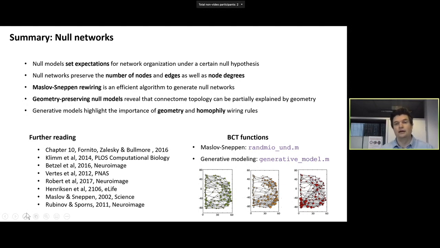This is often contextualized in terms of fiber length, connection length, in other words. And I've also covered the related concept of generative models and shown that both geometry and homophily play a key role in evolving connectomes in silico. So if you're interested, the BCT functions for Maslov-Sneppen rewiring and generative modeling are provided on the bottom.